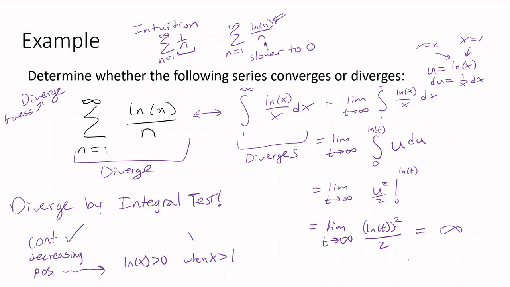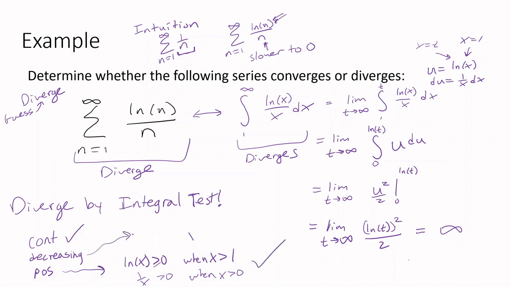When x is equal to 1, this is technically 0, but if we go just a little bit further, then we're good. So that's okay. We can have this greater than or equal to 0. And then 1 over x is also positive when x is greater than 0, which is definitely true because we're going from 1 to infinity. So this checks out.